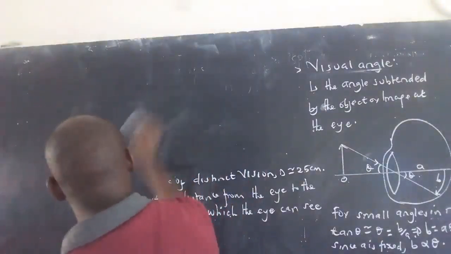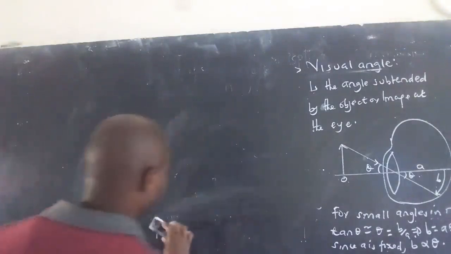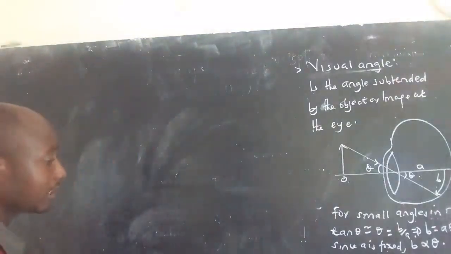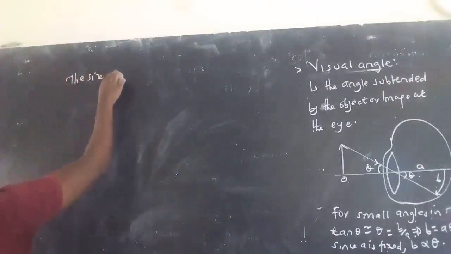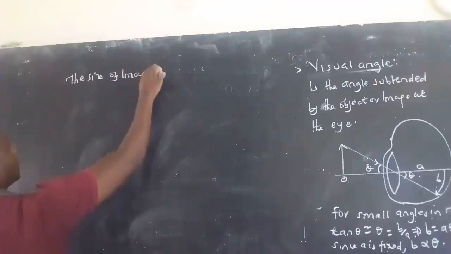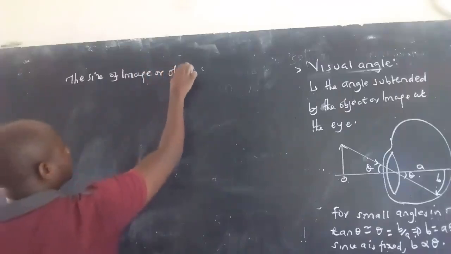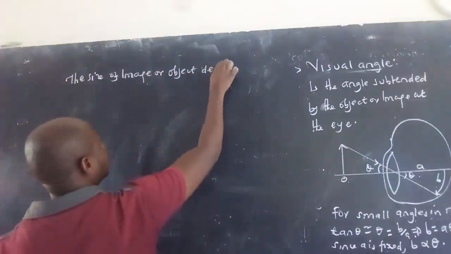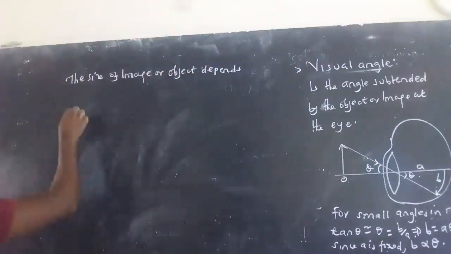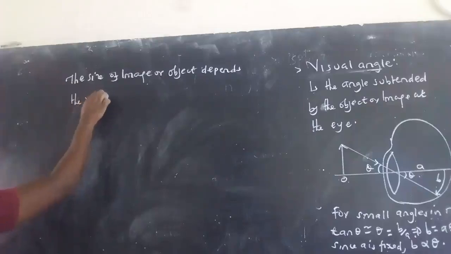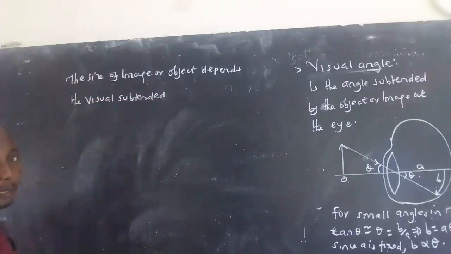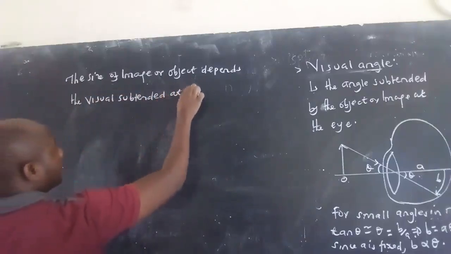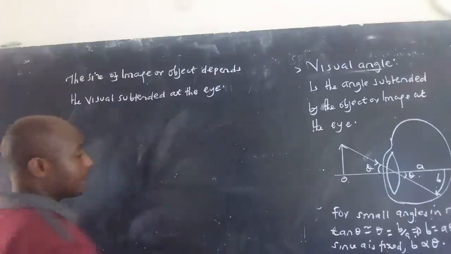Theta is the angle subtended at the eye. I see that angle subtended at the eye. So I shall say this implies that the angle or size of image or object depends on the visual angle subtended at where? At the eye. Okay?